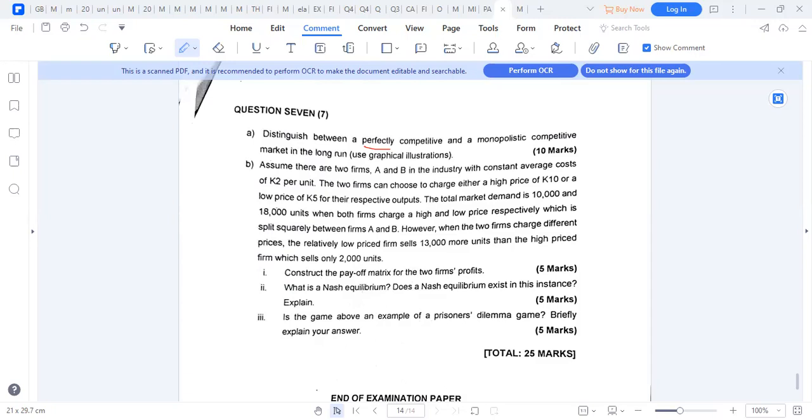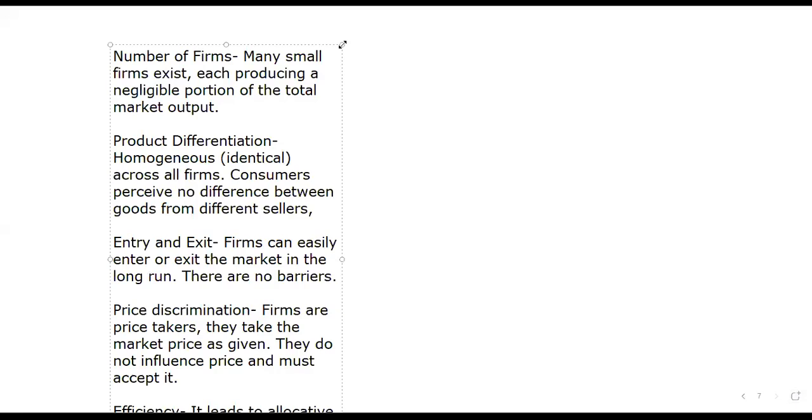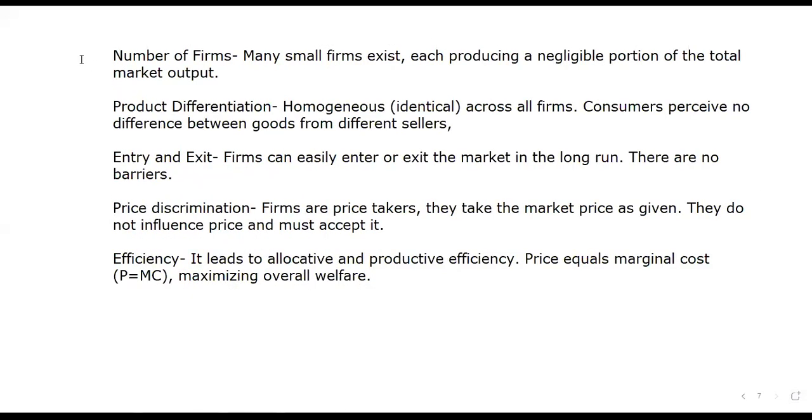Their information in the perfectly competitive market is perfect, whilst in the monopolistic, information is not perfect. It is only known to the people that are in that business. Thank you so much. I'm grateful for your participation.